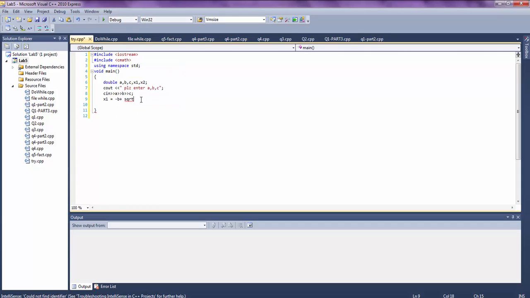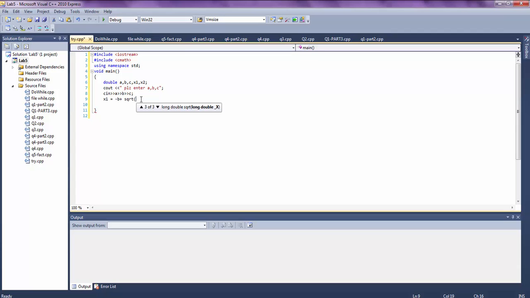Now look here, when I put the first bracket, it gives you the definitions of this square root. It means that the first one needs the parameter as double, and this function will return a double, or you can have a float and the returned value will be a double, or the parameter is long double and the returned value is also long double.